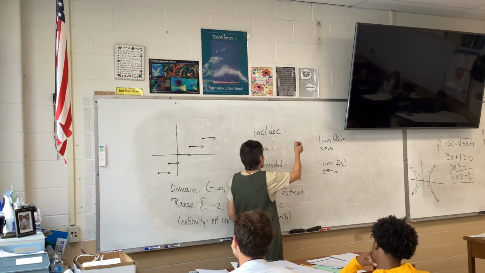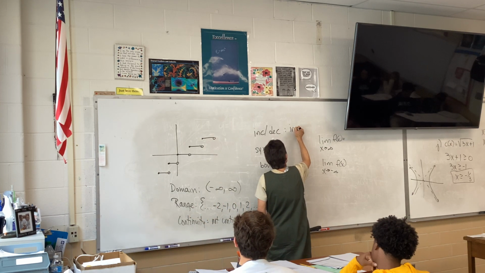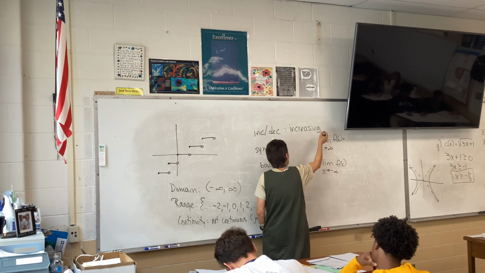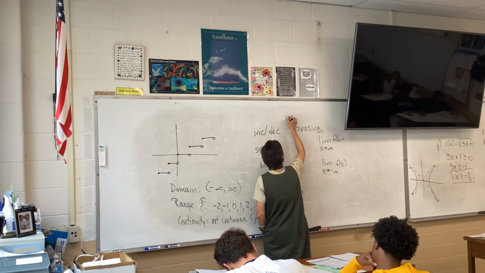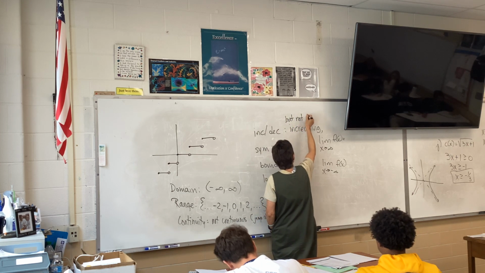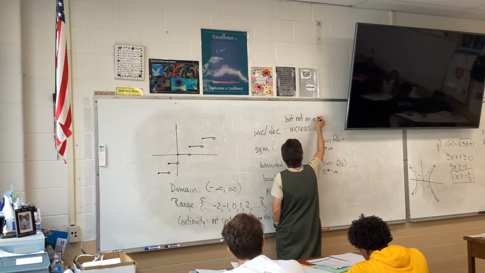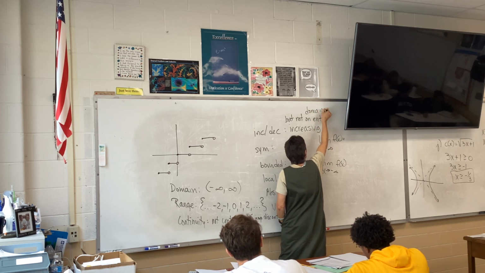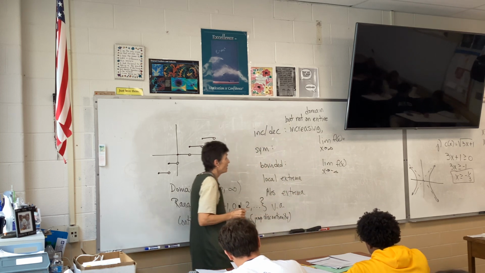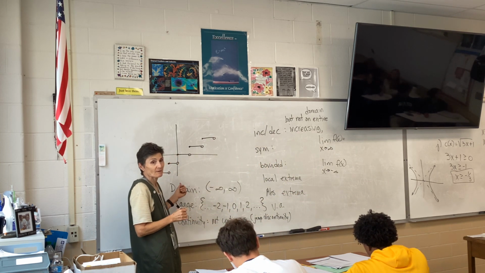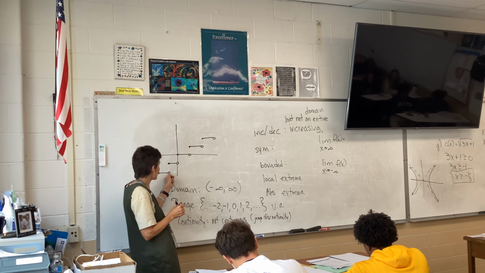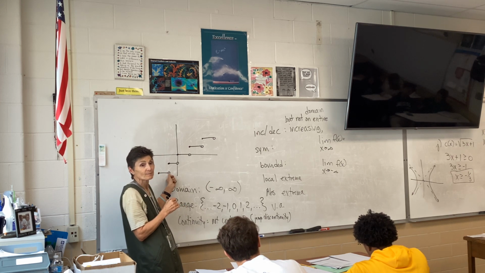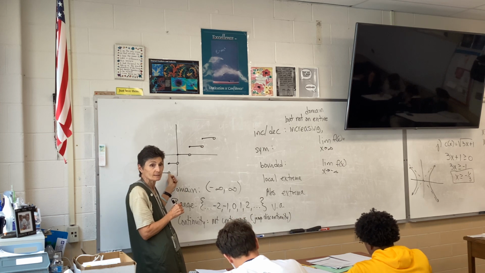So, what are we gonna say? We're gonna say increasing, but not on the entire domain. Is that fair? Is there a way to say it's only increasing on specific parts of the domain? Well, how are you gonna describe specific parts of the domain? It's only increasing, I guess, at the integer values of X. Yeah, so if you wanted to say that, you could.